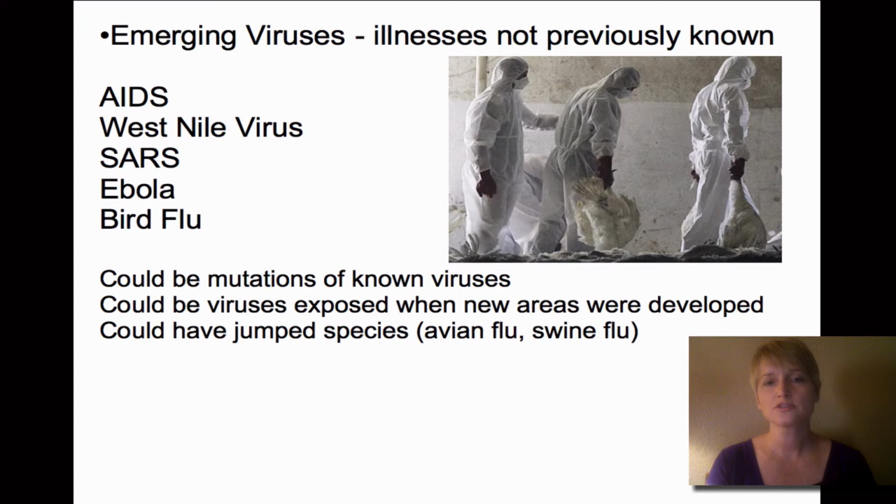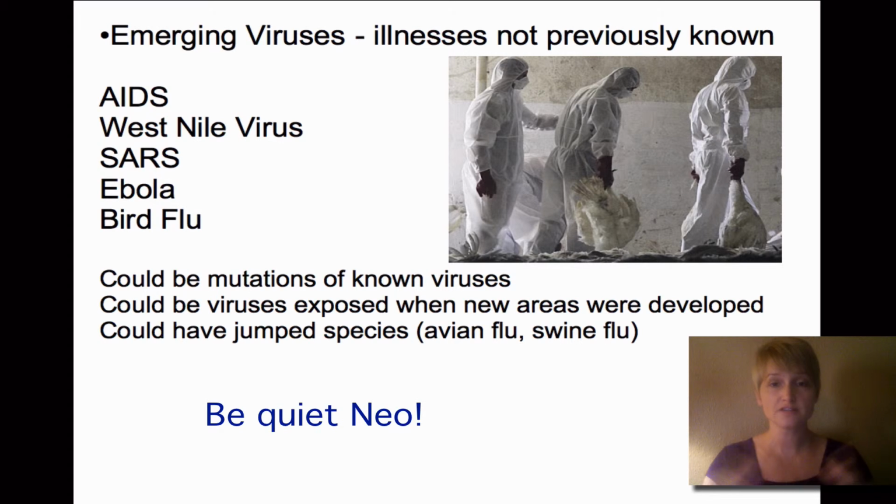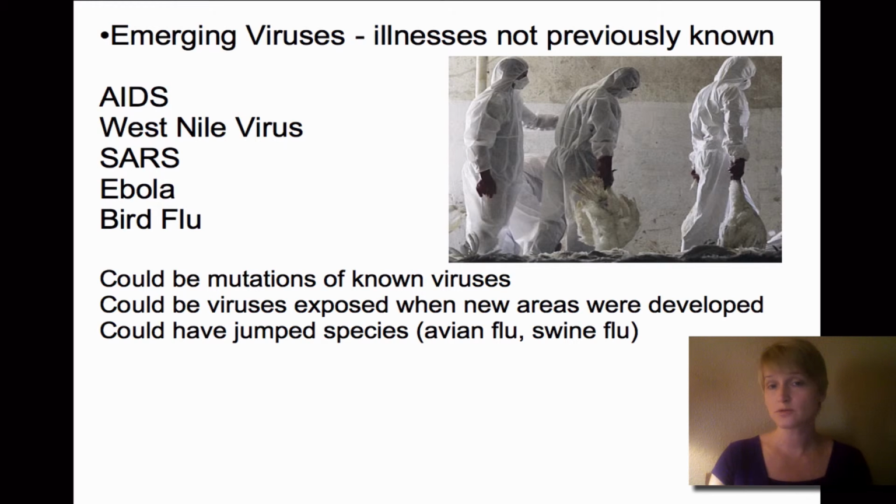These new viruses could also be because we are developing in a brand new area that's never really been seen by humans before. There could be a virus living in a host in that area, and when we are developing in that area, the people are exposed to it. So it's new to us, but maybe it's been there for a while, living in the animals that are there. And then also a virus can jump species.